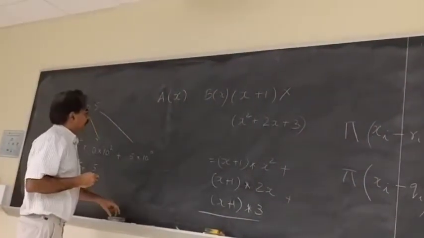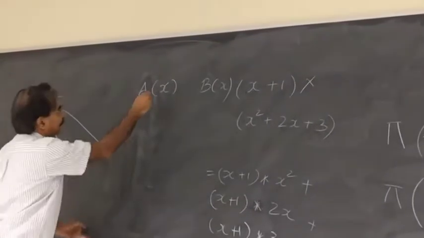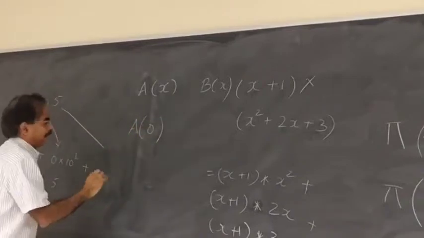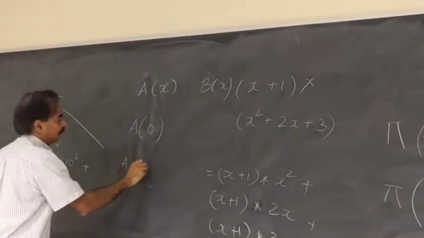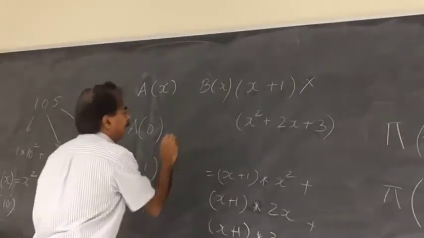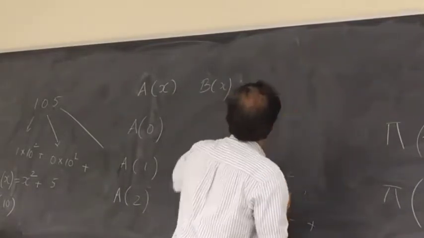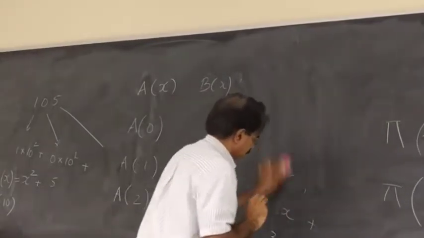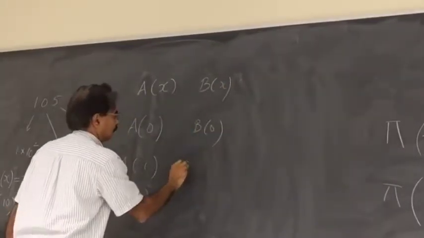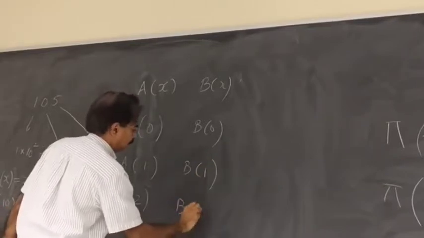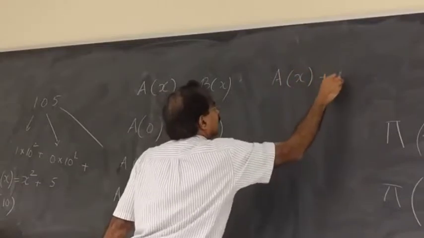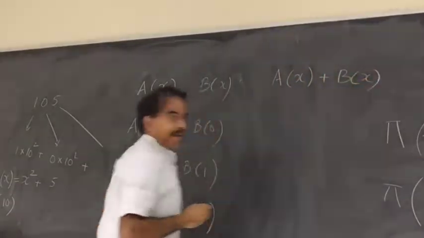If you represent these by evaluating them at, let's say, three points, a0, a1, a2, and similarly b0, b1, b2, then you want a of x plus b of x.